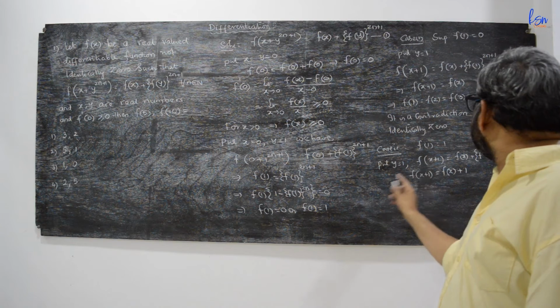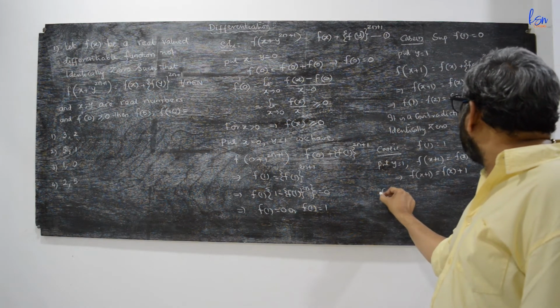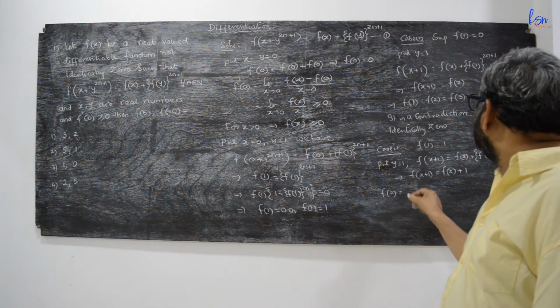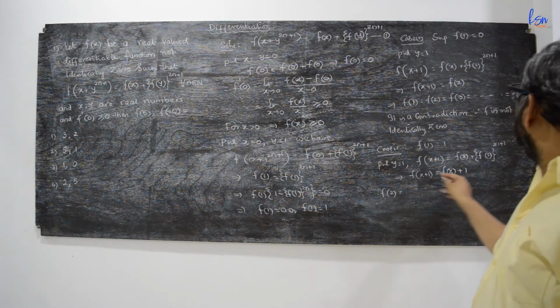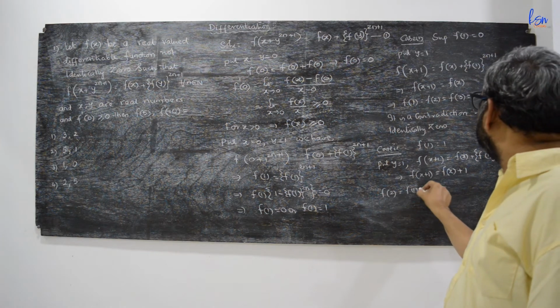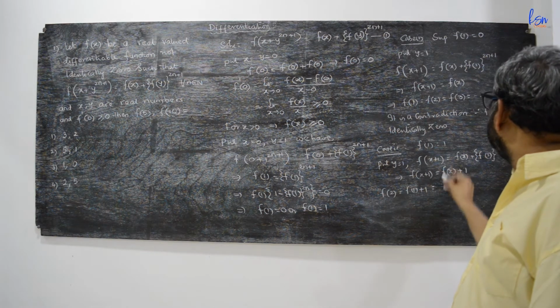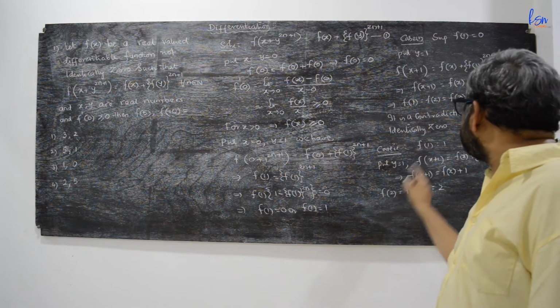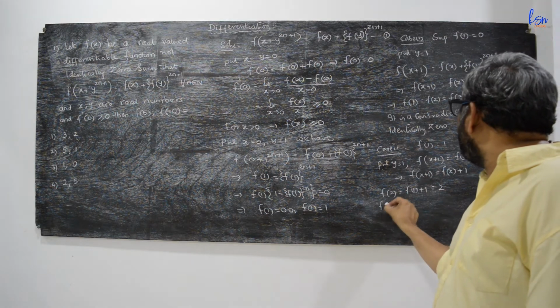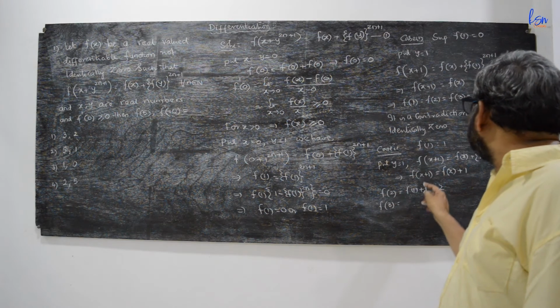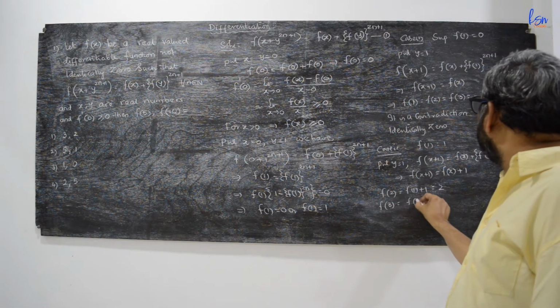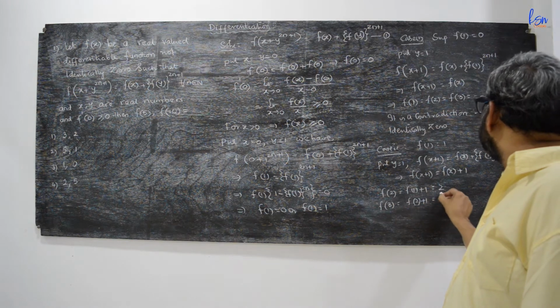Now put x equal to 1. We will get f(2) is equal to f(1) plus 1, f(1) is 1, therefore this is 2. Put x equal to 2. So f(3) equal to f(2) plus 1. This is equal to 3.